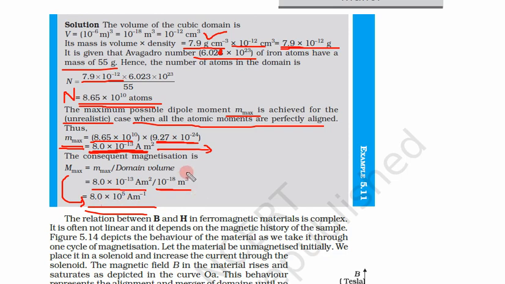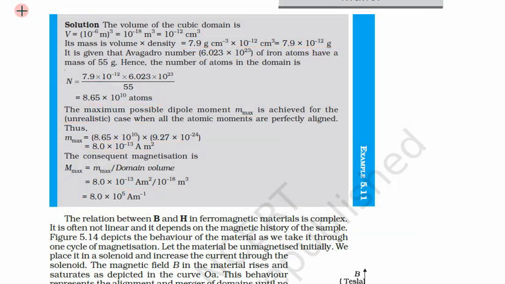Ampere per meter. This is a very high value, and in reality it is never possible, because whatever we do, we cannot align all the magnetic moments in the same direction. There will be some magnetic moments which would be in a different direction. Why is it so?